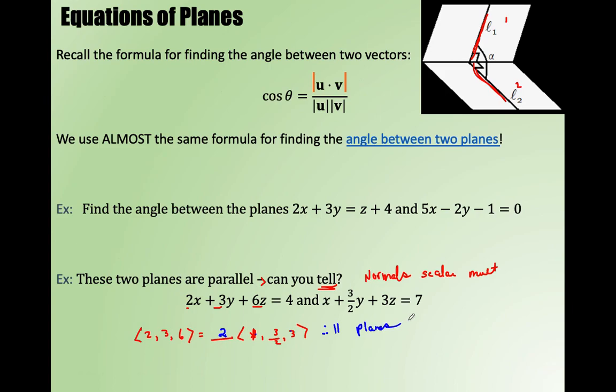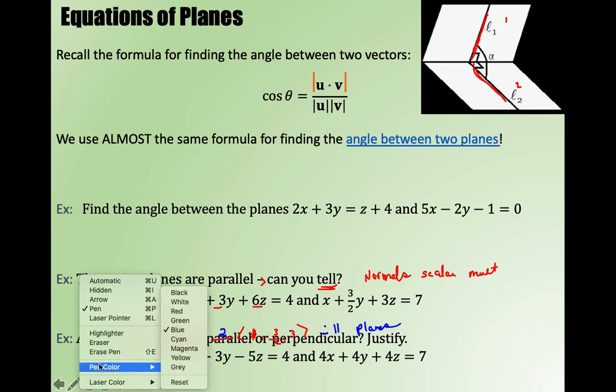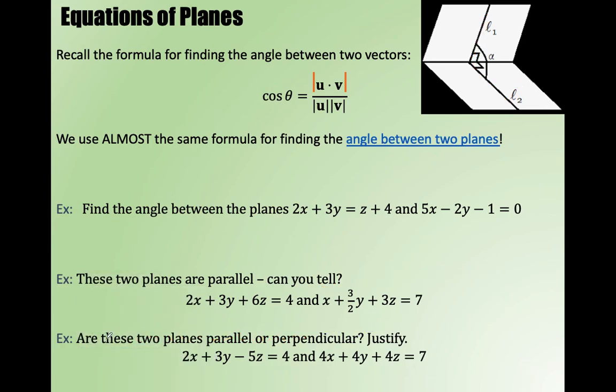Conversely, I told you these planes were parallel and just asked you to verify. For these ones, the question is, are they parallel or perpendicular? And tell me how you know, and you can just tell me in math.